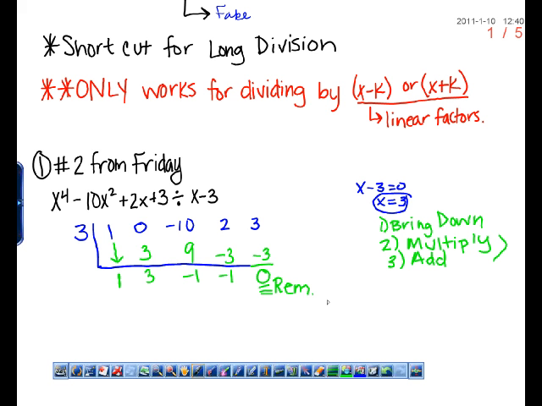So this is your remainder, and then you're going to work kind of your way backwards to figure out which terms are which. Okay? This term right to the left of your remainder is your constant. Then you have your x term, your x squared term, and your x cubed term.